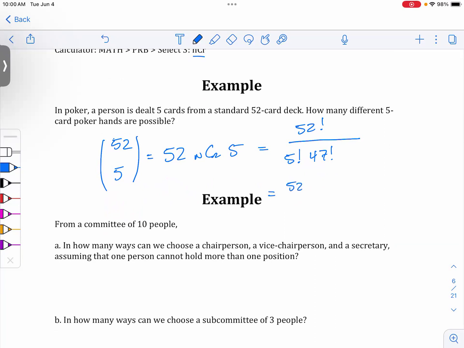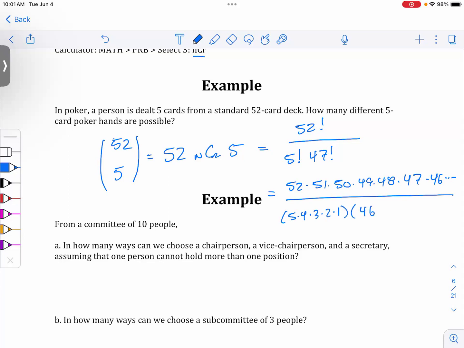So 52 times 51 times 50 times 49 times 48 times 47 times 46, etc. And in the bottom, I would have 5 times 4 times 3 times 2 times 1.